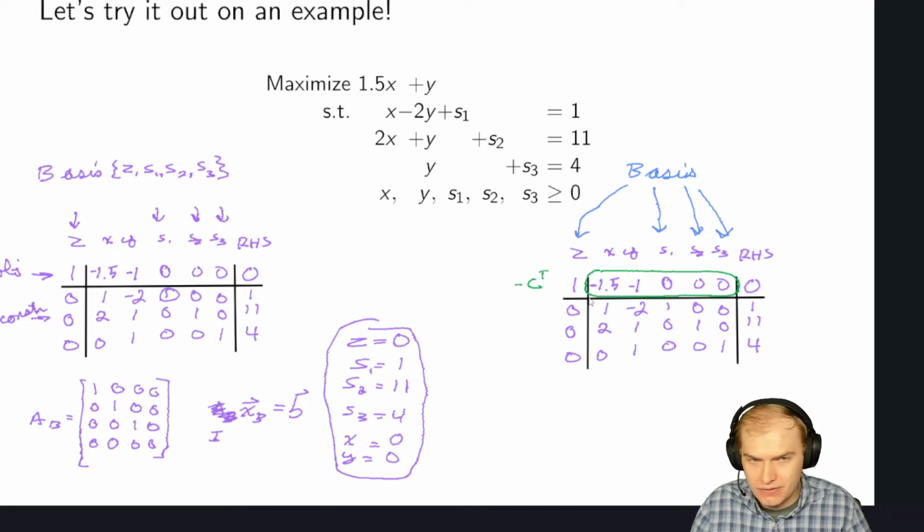And by our definition of what basis is from the tableau, the basic variables will always have zeros in their objective function entry.